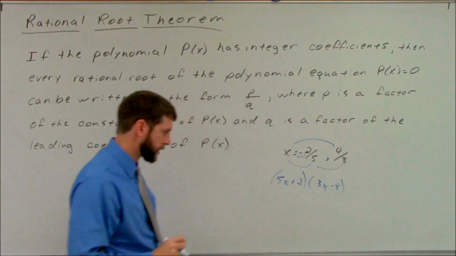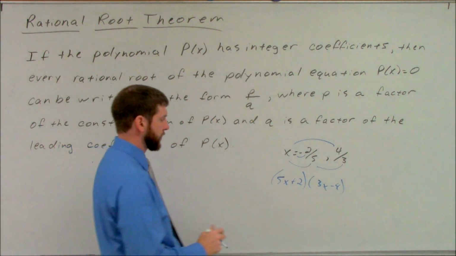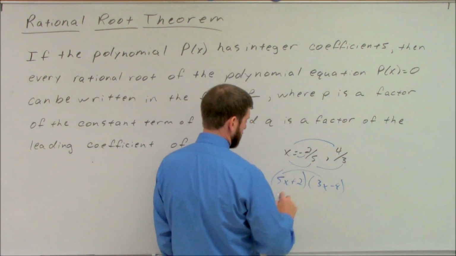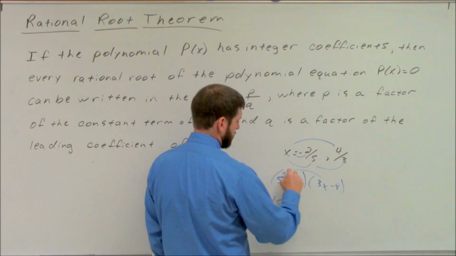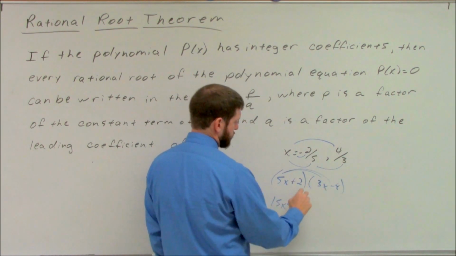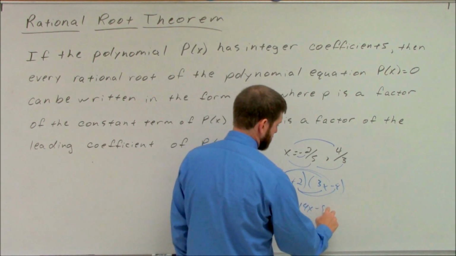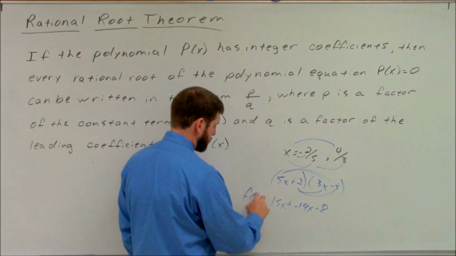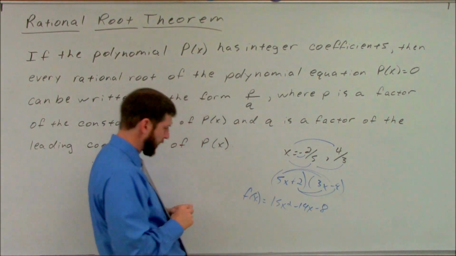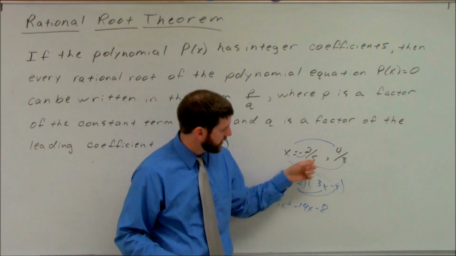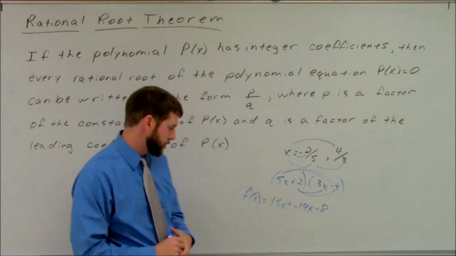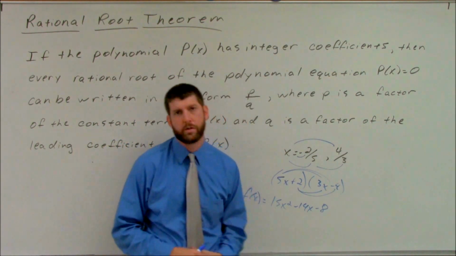That's my other linear factor. Well, if I put those together, just redistribute, I'm going to get 15x squared, and minus 20 plus 6 is minus 14x minus 8. So if this was my original polynomial, I can determine the existence of those two solutions based on what's going on here.